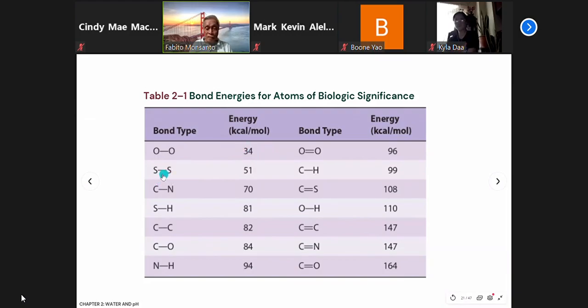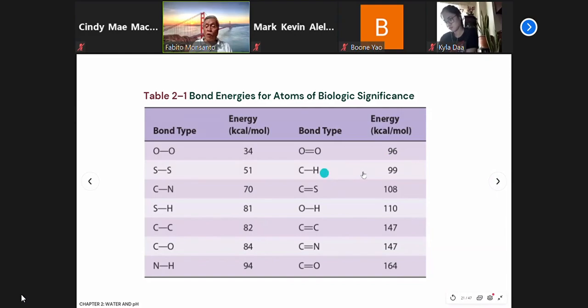The SS bond, or the disulfide bond, requires 51 kilocalories. Carbon to nitrogen, we have 70. Sulfur to hydrogen, or thiol, you have here 81. Carbon to carbon, 82. Carbon to oxygen, 84. Nitrogen to hydrogen, 94. Oxygen with a double bond, 96.